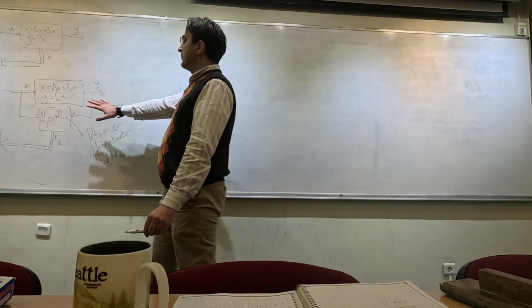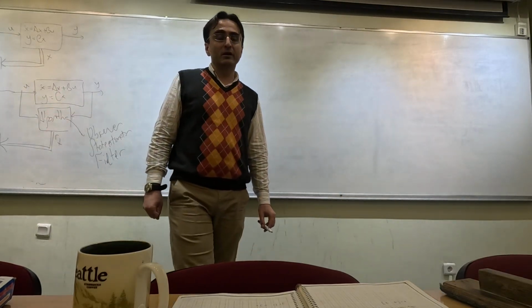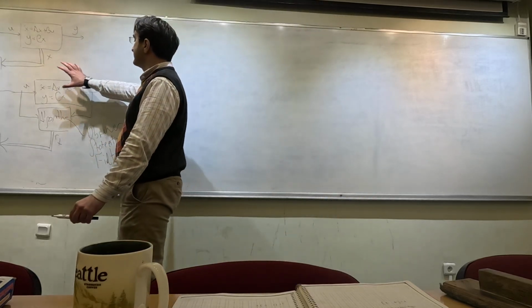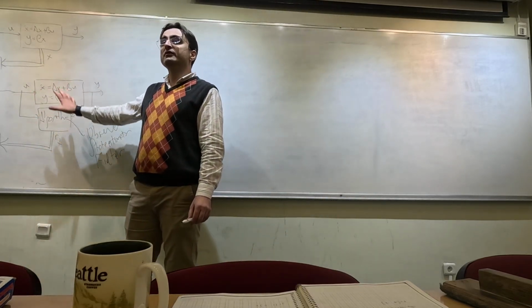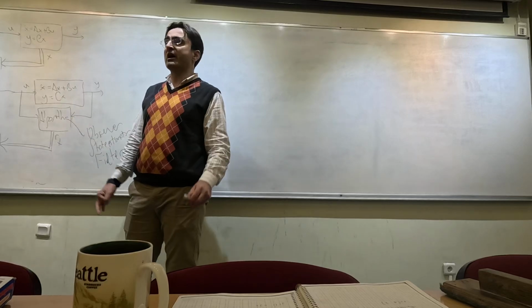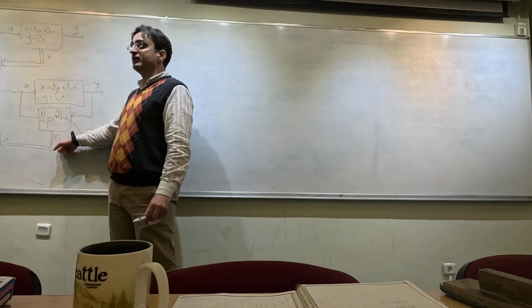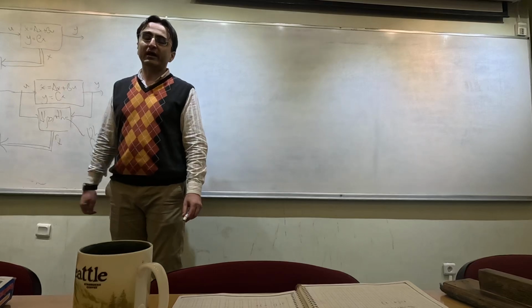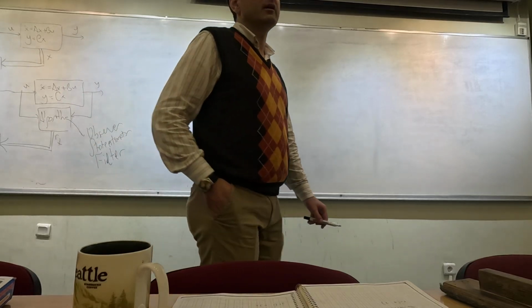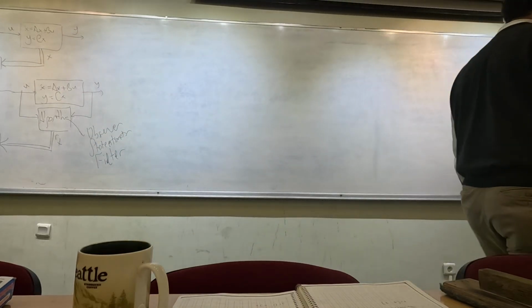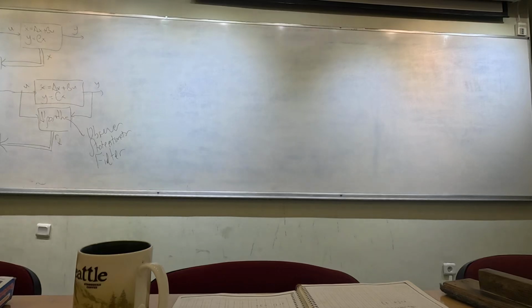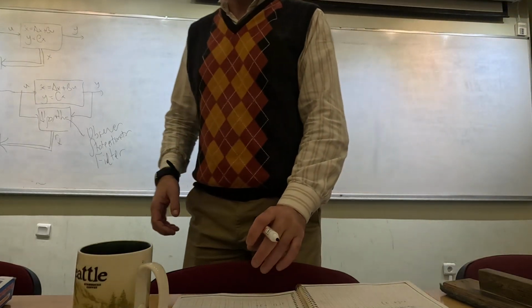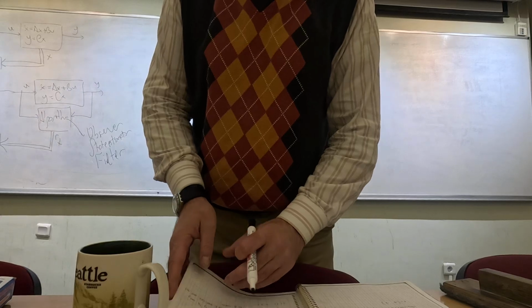This property is called observability, which enables us to design an observer for a state space representation in a successful way. By successful, I mean that this x hat will be converging to the actual state x with any speed that we like, as fast as we like. And that property is, as I told you, observability, and that is the last topic of this course.